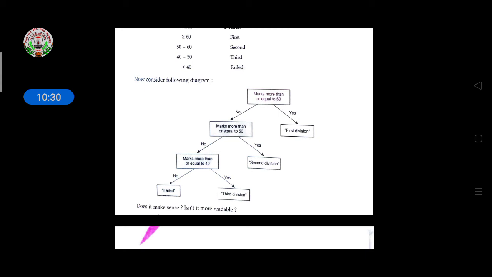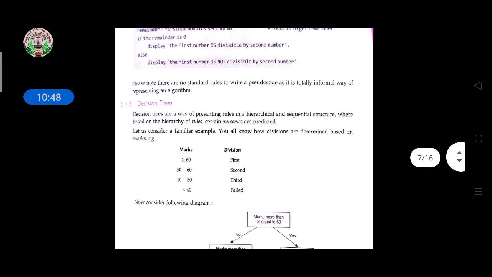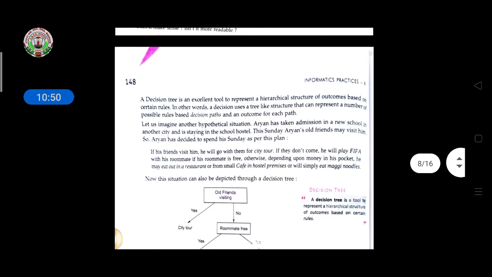If that is not matched, then it comes down. Like this it flows one by one, and if the condition matches, it goes to the yes section. If the condition is not matched, then it goes to the no condition. Like this we are making the decision tree.